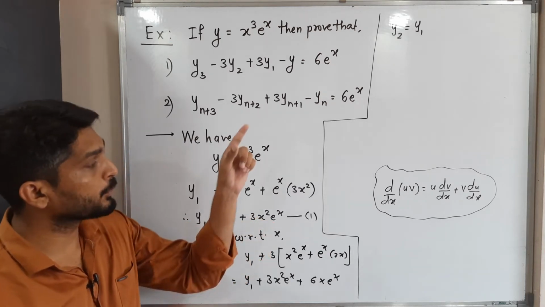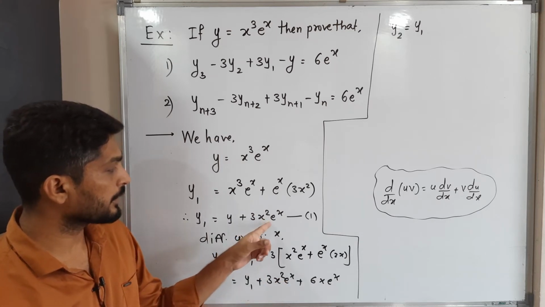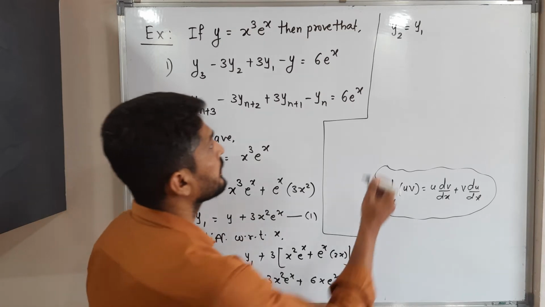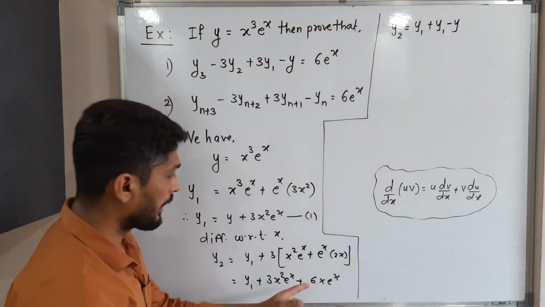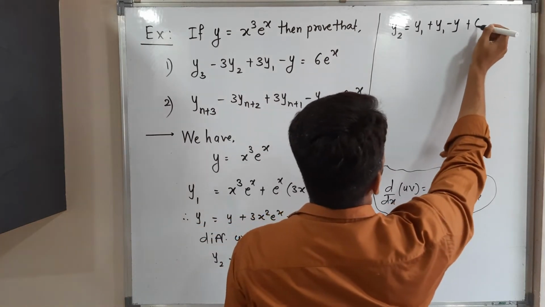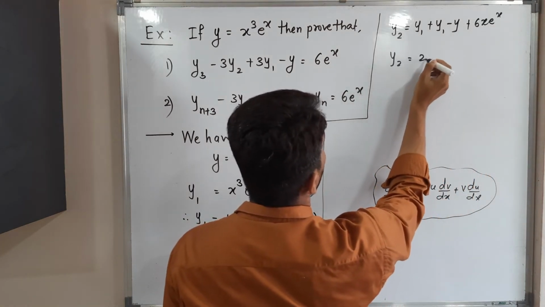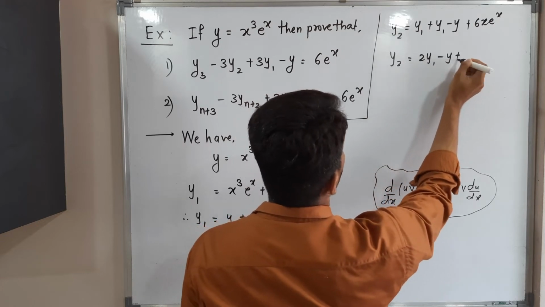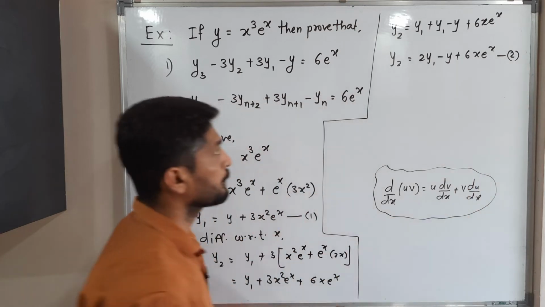So this value I can put here. The value of the term 3x square e raised to x is y1 minus y, plus 6x e raised to x. So that means y2 is equal to 2y1 minus y plus 6x e raised to x, equation number 2, right?